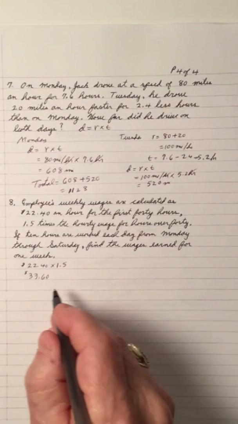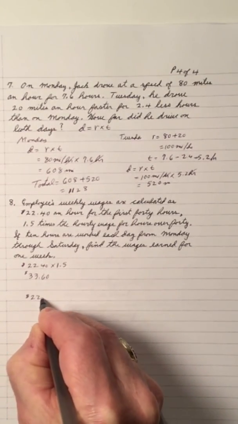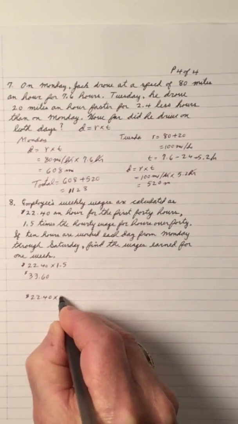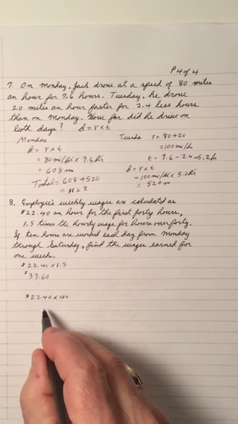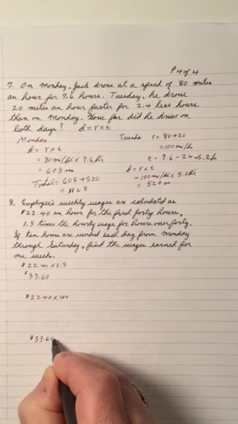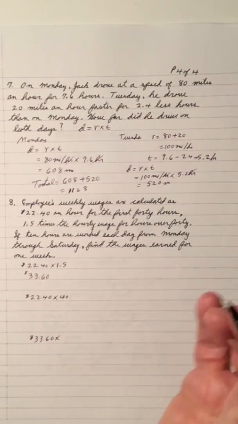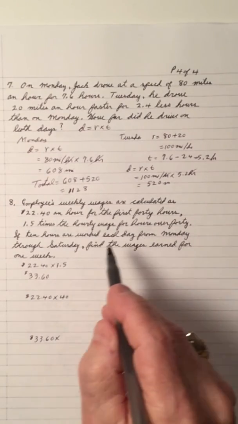So let's see what we have. $22.40 for the first 40 hours, and then he makes $33.60 for the hours above 40. Okay, let's continue.